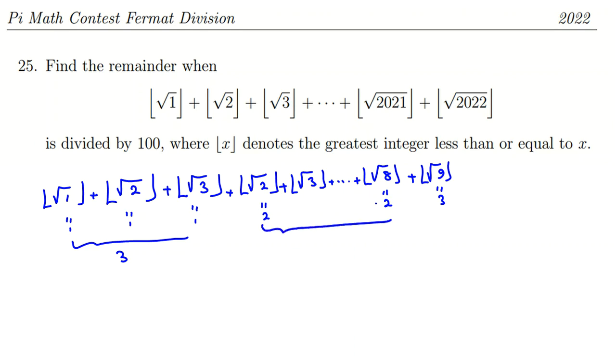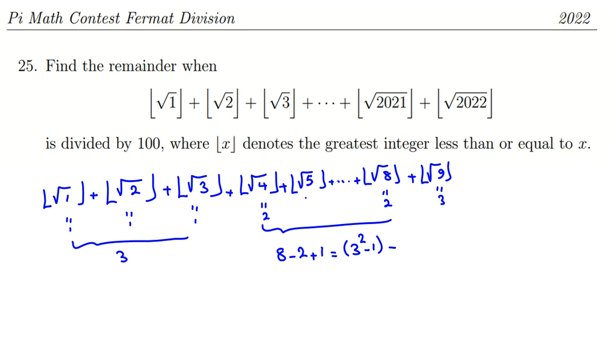As you can see, how many 2's are there? You say 8 minus 1, or you can say 9 minus 2. Let me write it for you: 8 minus 4 plus 1, since the 2's run from the square root of 4, 5 up to 8.